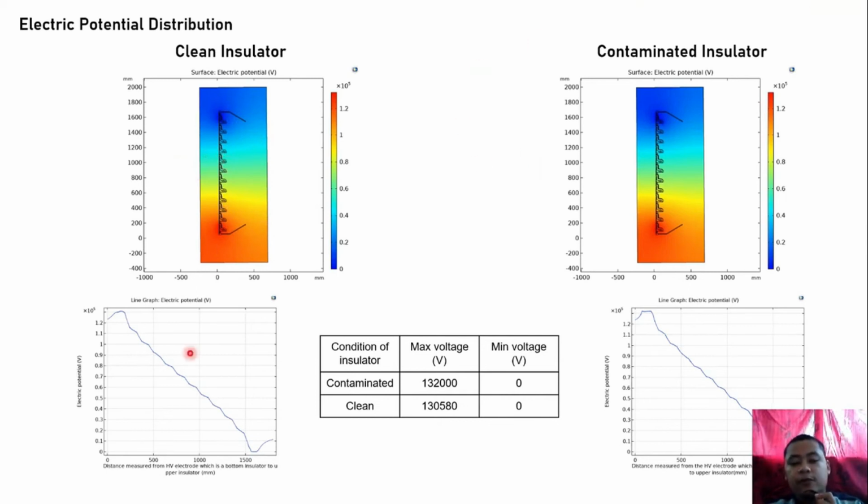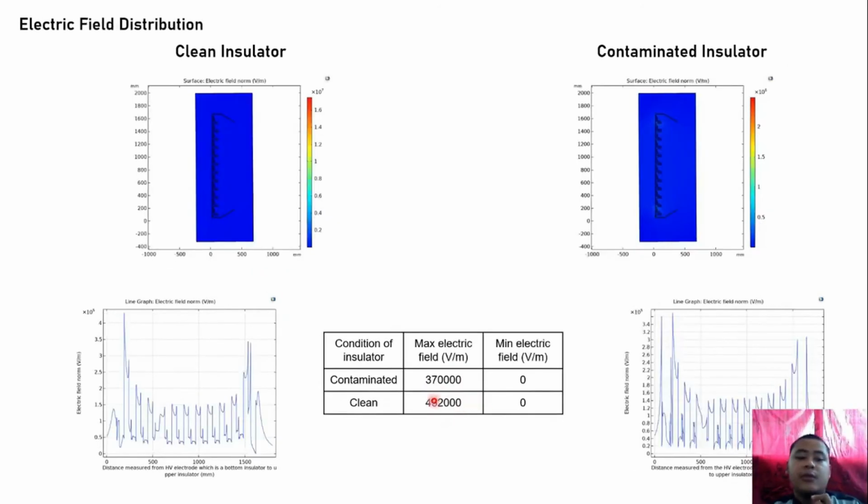But if we plot it in the graph, we can see that the contaminated insulator maximum voltage is much higher than the clean insulator maximum voltage. For the electric field with the arcing horn, we don't see a big difference between the contours of the electric field distribution.